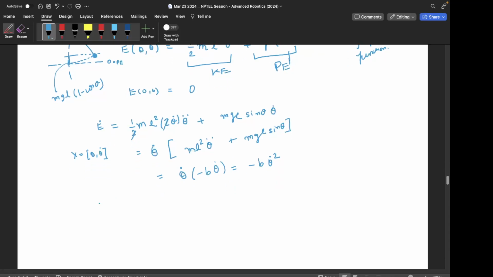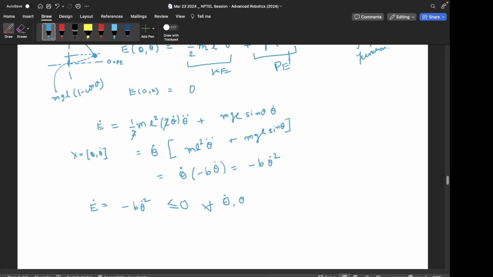So our E dot is minus b theta dot square, and this is less than or equal to 0 for all theta dot, and does not depend on theta, just theta dot, because theta dot square is always positive.